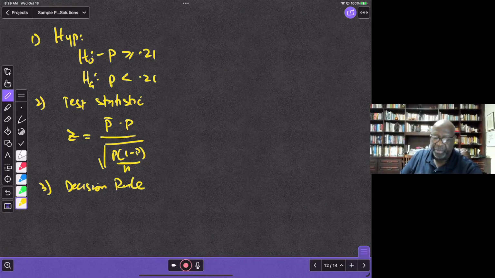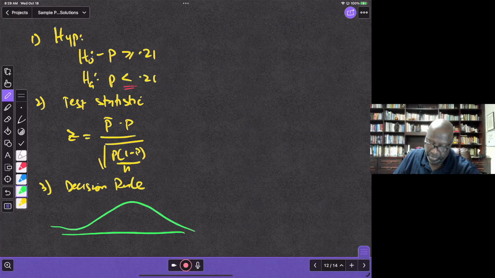It's a one-tailed test, but this time this is a left-tailed test. Look at this, it's pointing in the left direction. And so this is alpha, 0.05.